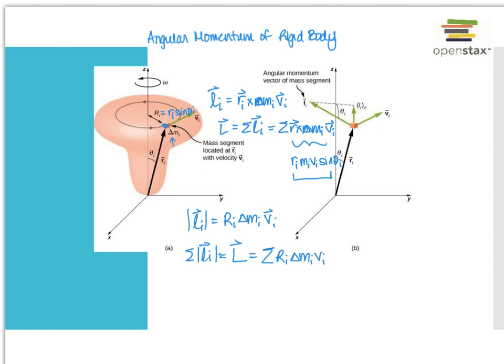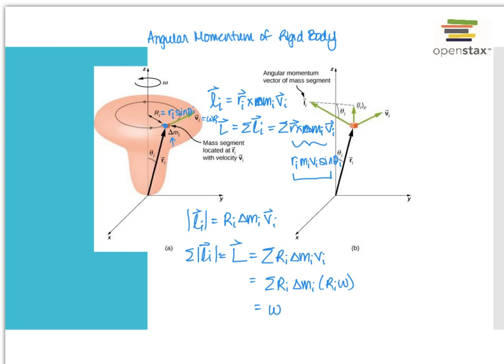Now, this velocity right here can be written as omega times r_i. So I'm going to substitute in this r_i delta m_i and then r_i times omega.